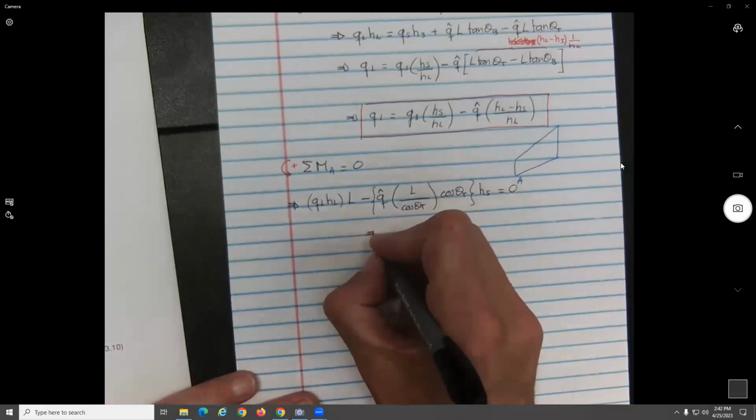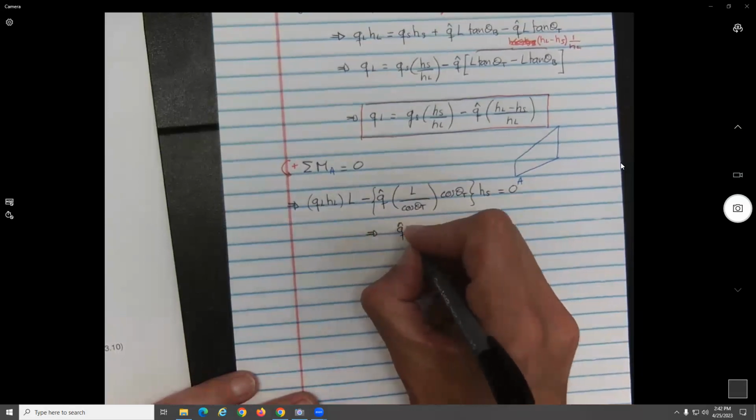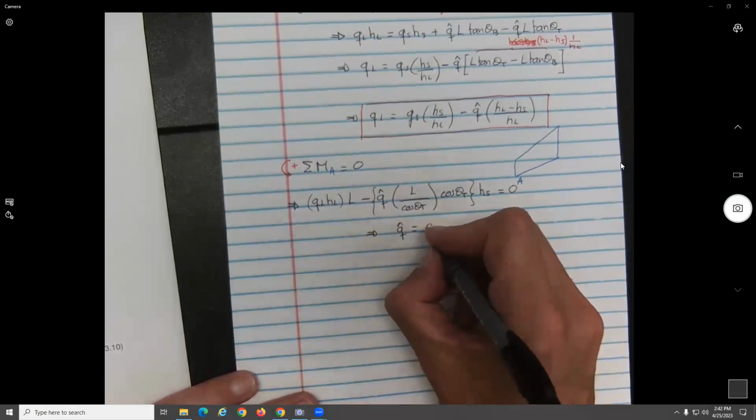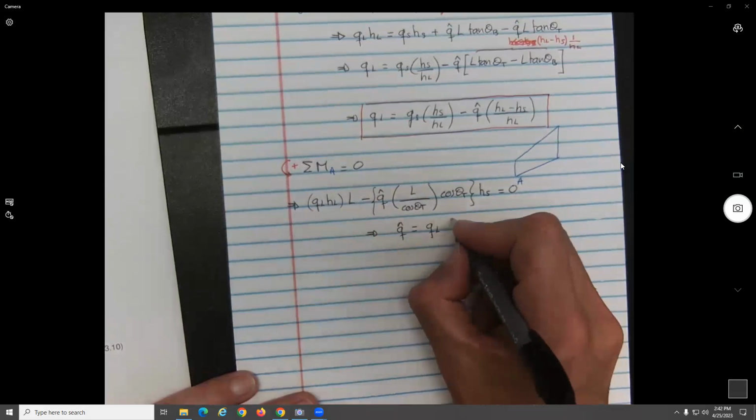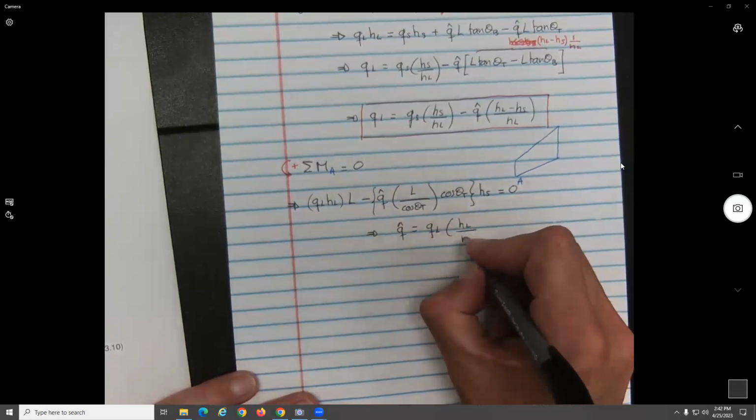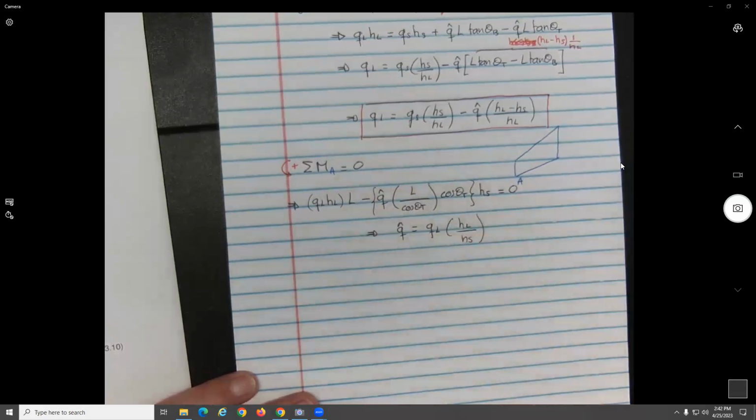So from here, we find that Q hat is equal to Q sub L, H sub L over H sub S.